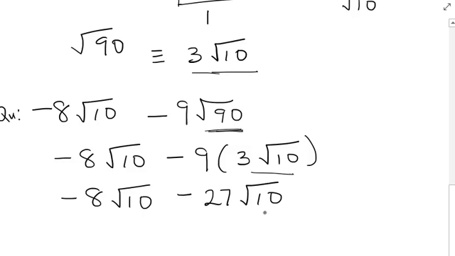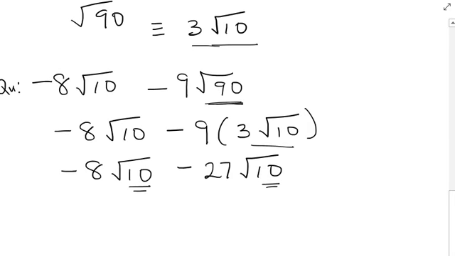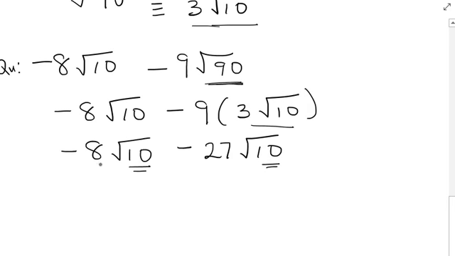You can see we now have similar radicand, so we can solve it further. Here we just need to subtract the whole numbers and not the radical numbers. The whole numbers are minus 8 minus 27, that's minus 35. So the answer is going to be minus 35 root 10. That's the way to solve that.